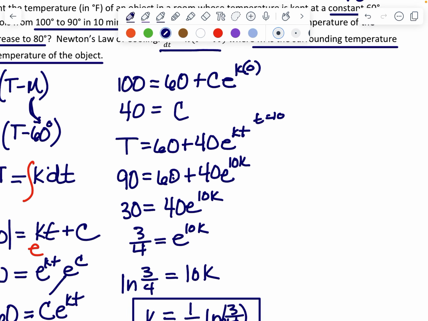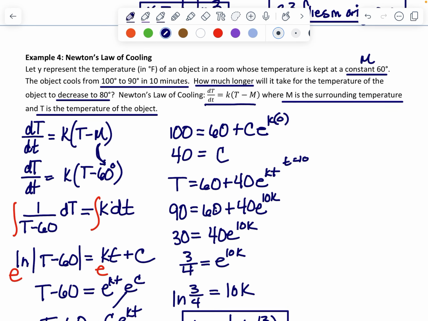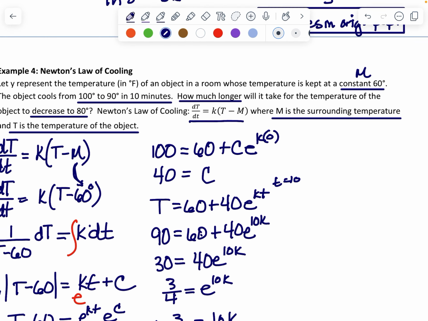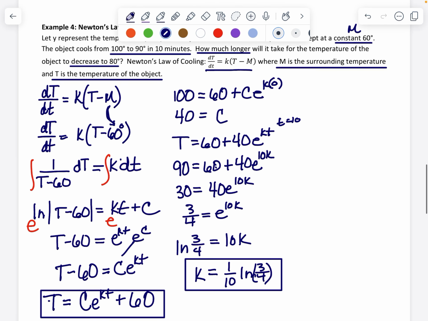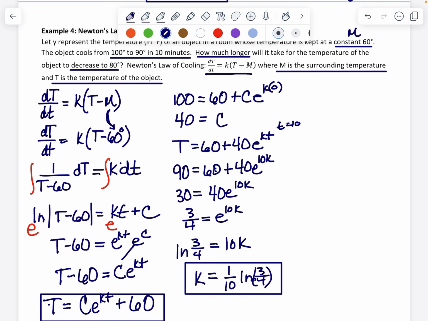So let's go ahead now. Keep in mind, our final question is how much longer will it take for the temperature to decrease to 80. We have everything we need for our equation.